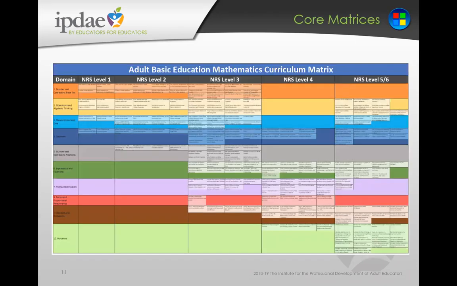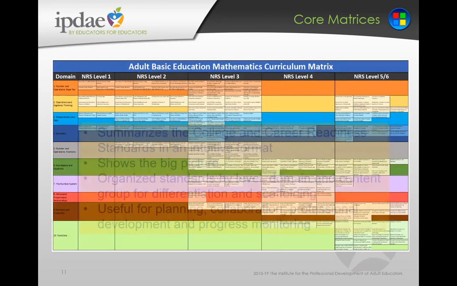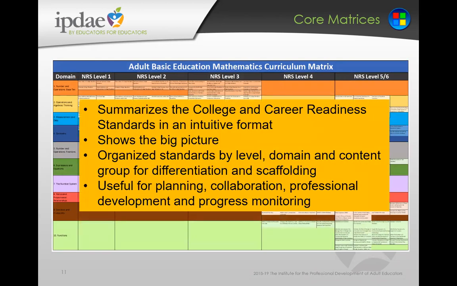The core matrices are composed of the matrix for mathematics. It summarizes that in a format that is very intuitive. It graduates from basic math skills to more high level, more complex math skills.